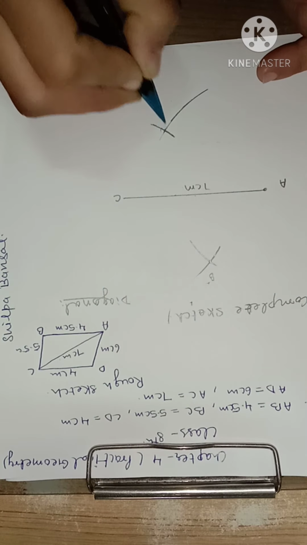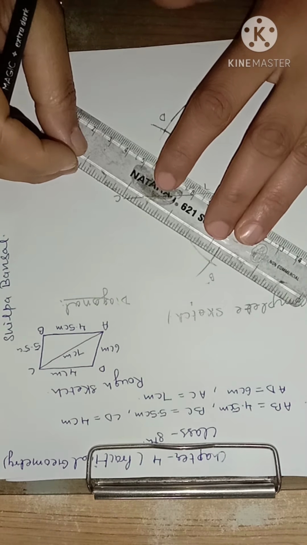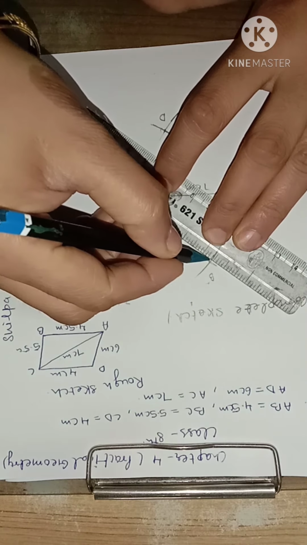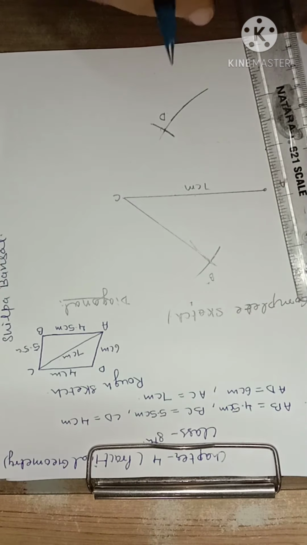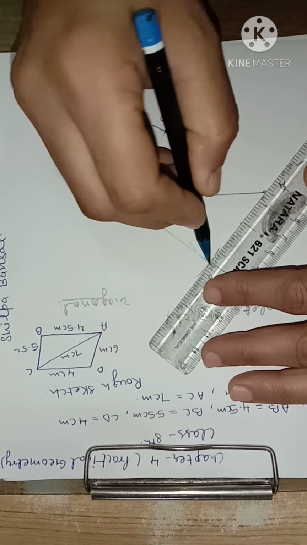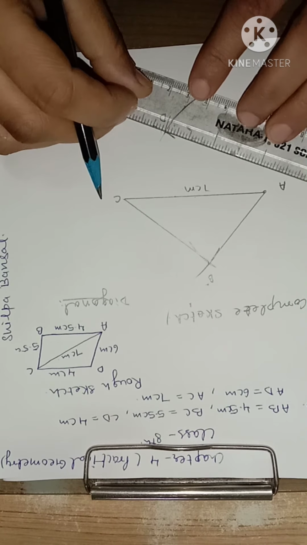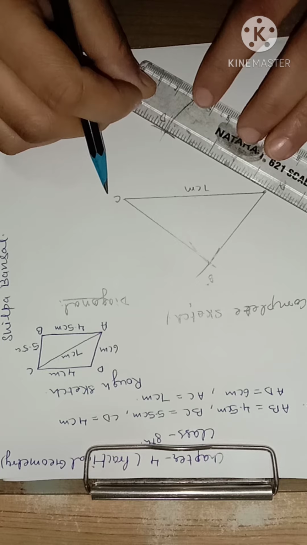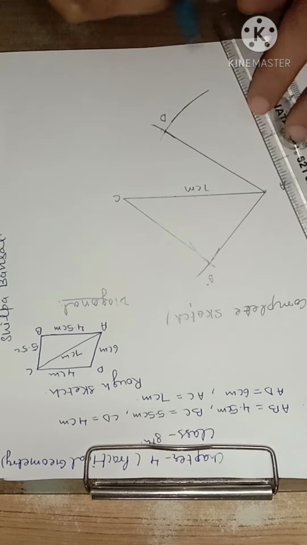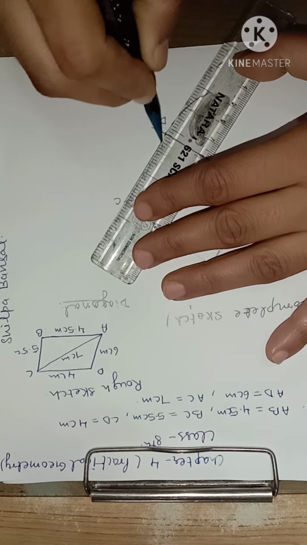Where the first arcs intersect, that is B, and here is D. Then join B with C, B with A, and after that A with D, and from C to D, join it.